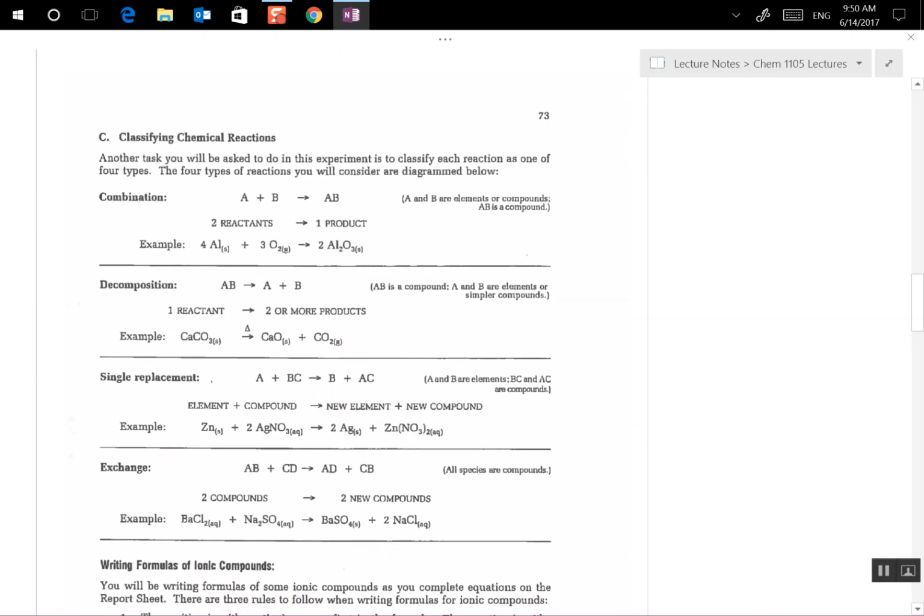We can classify our chemical reactions in these ways: combination, decomposition, single replacement, exchange, or, as I'm also going to add, double replacement.